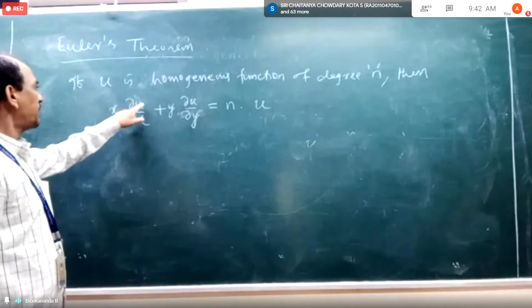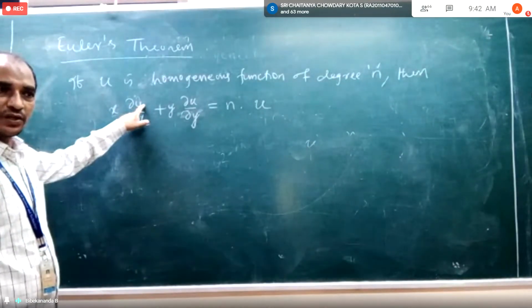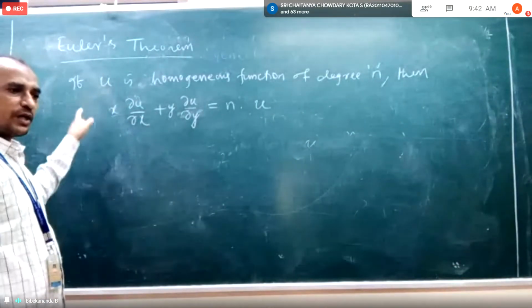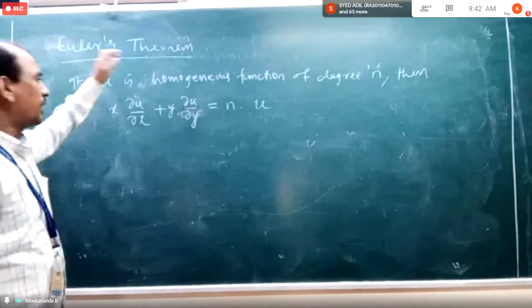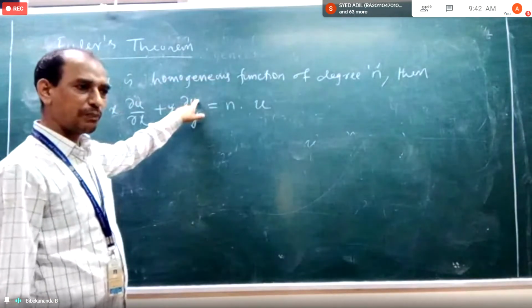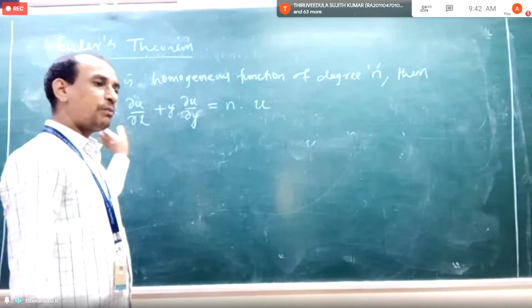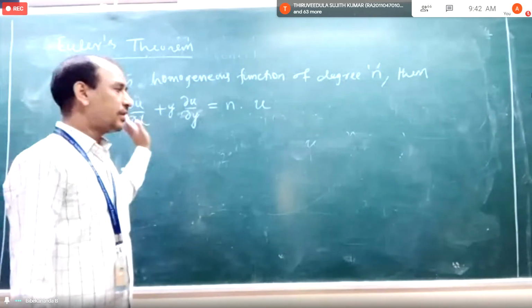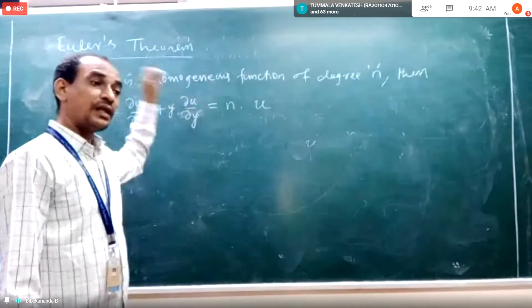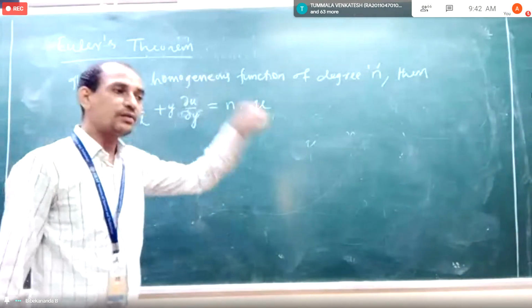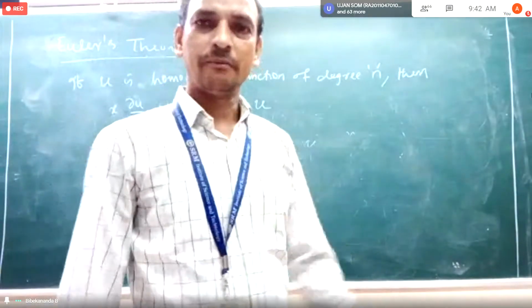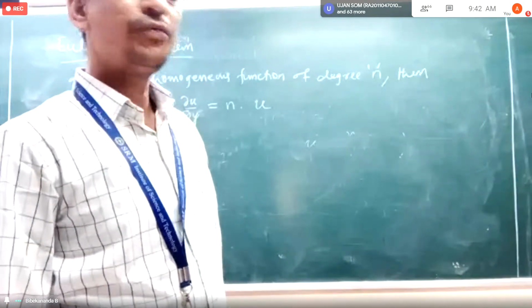So what is the meaning of this? If we take the partial derivative of the function u with respect to x and multiply it with x, and take the partial derivative of u with respect to y and multiply with y, and take their sum, that will be nothing but the degree times the function.